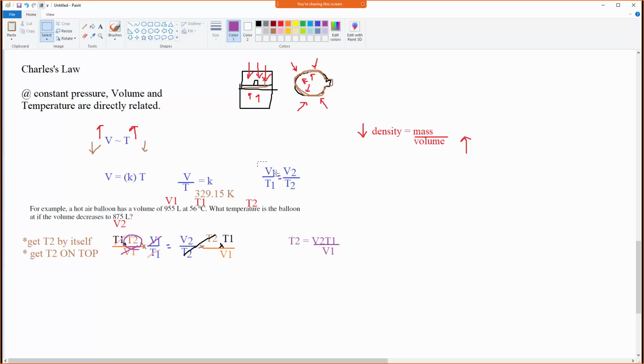Now, let me show you a couple other ways that you could do it. Another way is to just get it by itself, but not on top. So divide both sides by V2.